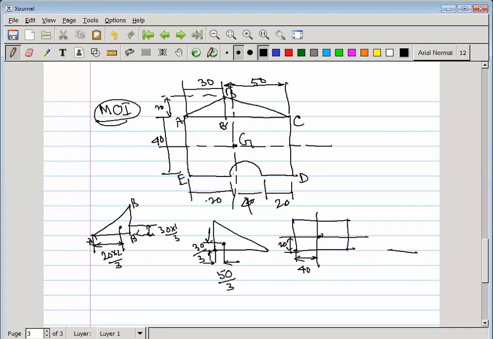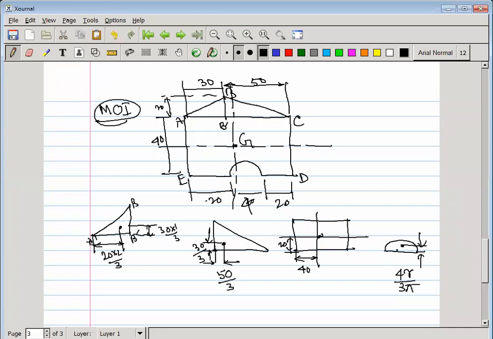Another one is the semicircle, and for that semicircle the centroid position along the y-axis is 4r by 3 pi. Remember this one, okay?